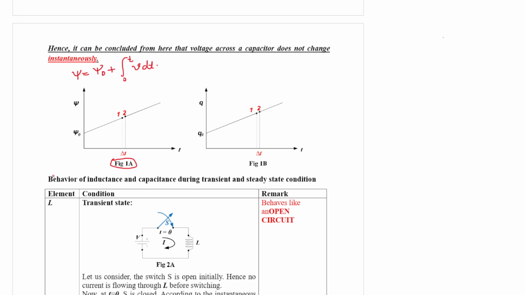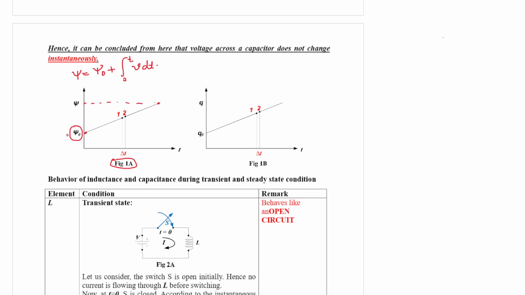That means this equation signifies that over some time, flux linkage builds from the initial value psi 0 to the final value psi.